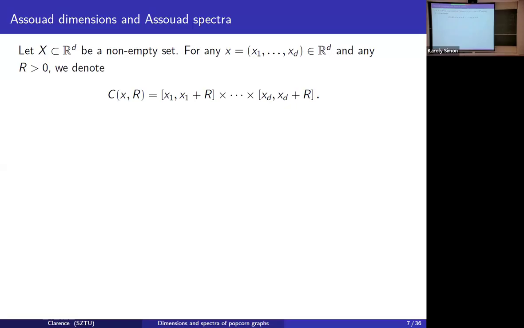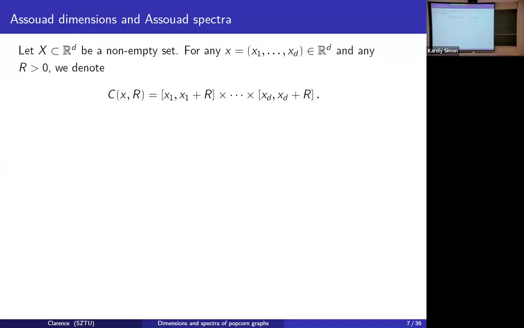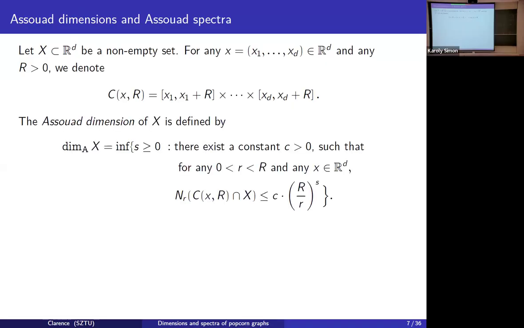If X is a non-empty set, for any X here we denote this cube X R with this notation, just to say if D equals 2, X is the left bottom corner of the cube. So one of the equivalent definitions of the R-squared dimension can be defined like this.